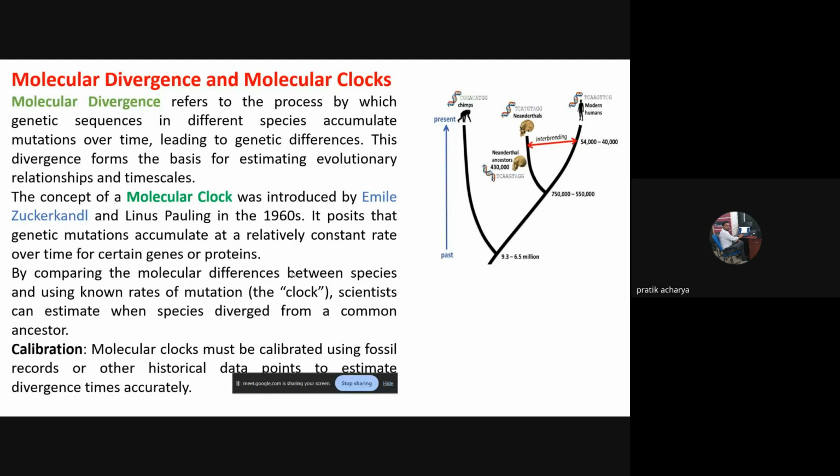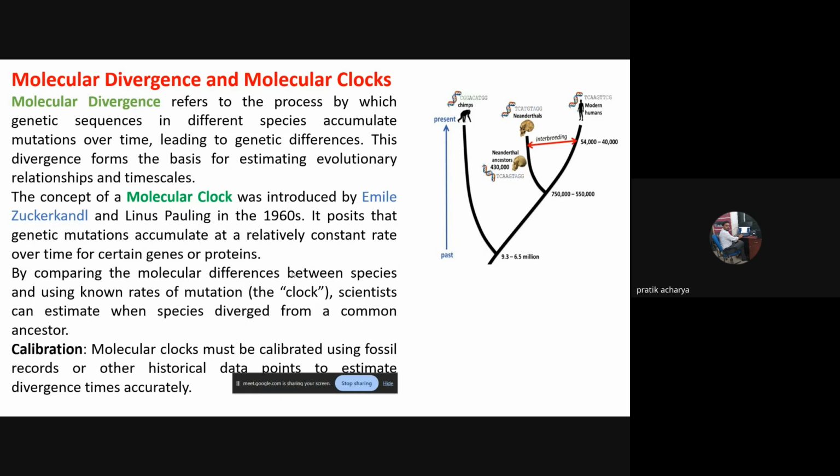Clock calibration means the molecular clock must be calibrated using fossil records. That can be calibrated by other historical data, whatever is written in different formats, the history. Okay, fossil records are there.